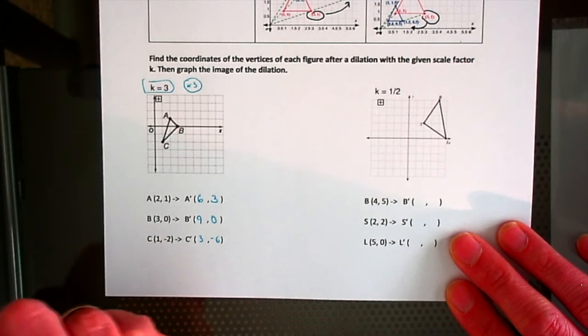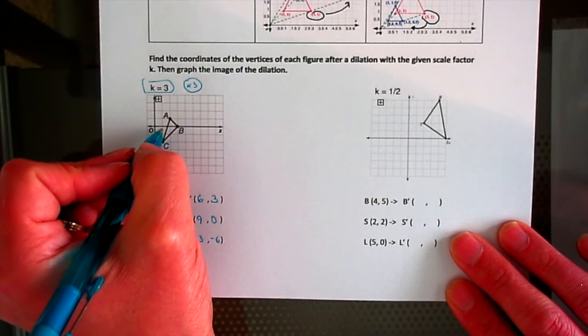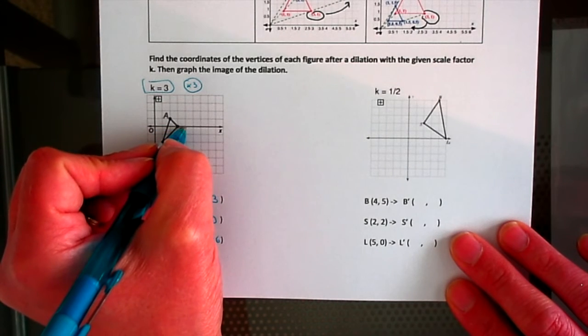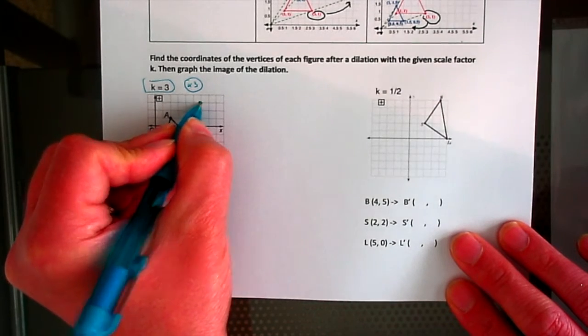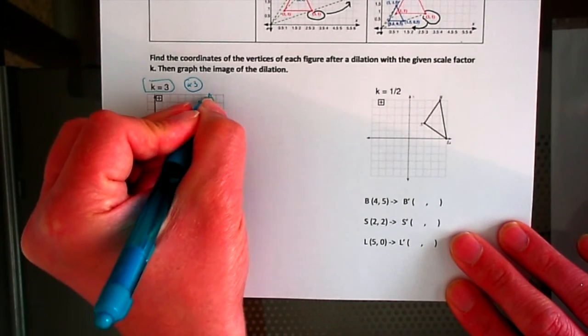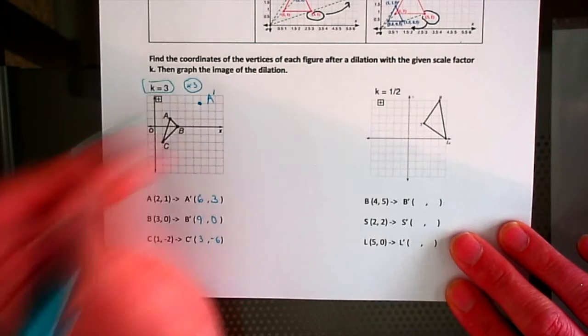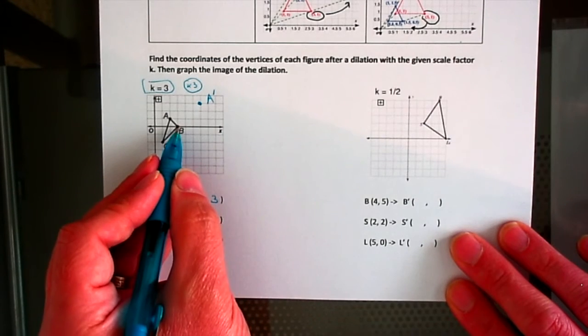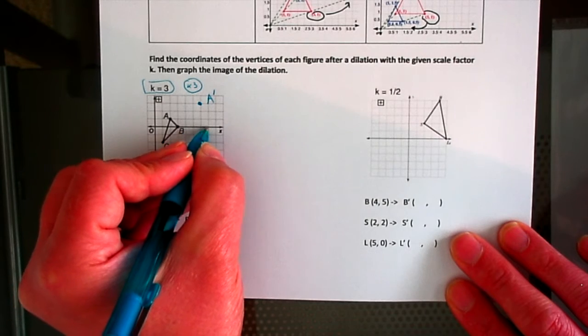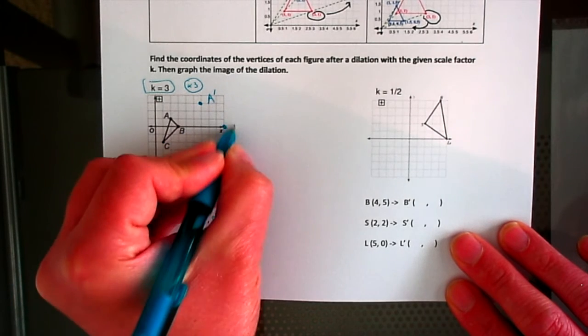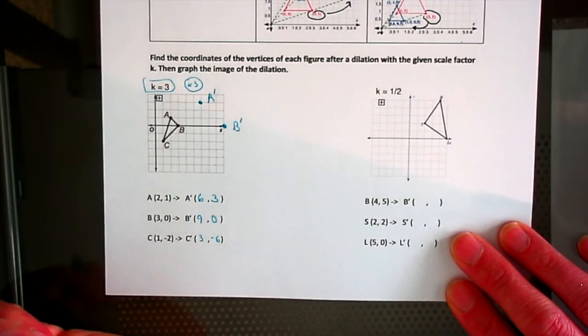Now I graph these points. So I go 6, 1, 2, 3, 4, 5, 6, up to 3, 1, 2, 3. And there's my A prime. That's the new point, so it moved from here to here. Now, I know this is 3, I'm actually going out to 9. So 4, 5, 6, 7, 8, 9. There's B prime.